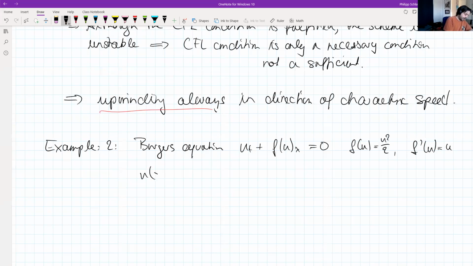Now this time I'm taking, again, an initial condition, but slightly differently. I say it's -1 and 1 for x being lower or equal 0, and for x being larger than 0. So that is now the opposite situation to what we looked at before, namely, we're in the situation that u_L is lower than u_R. And that means that we're actually not having a shock, but we have an expansion fan.